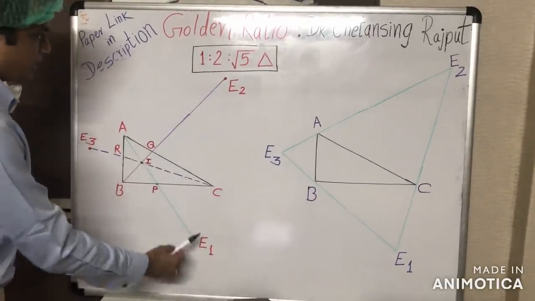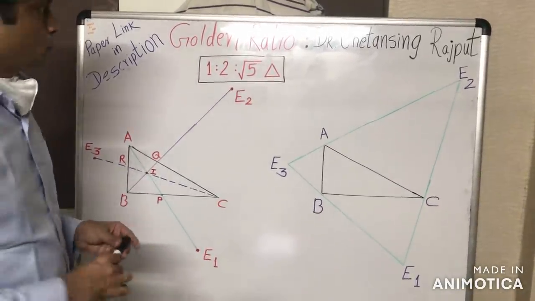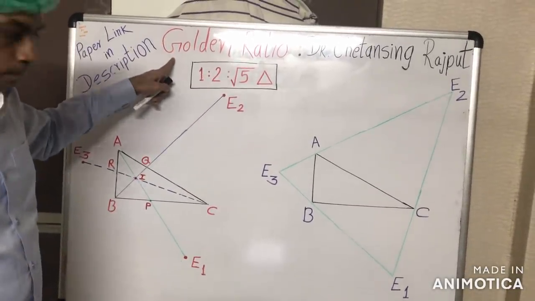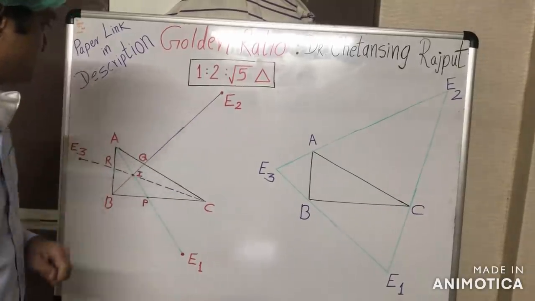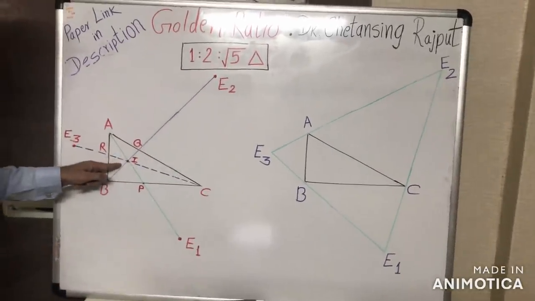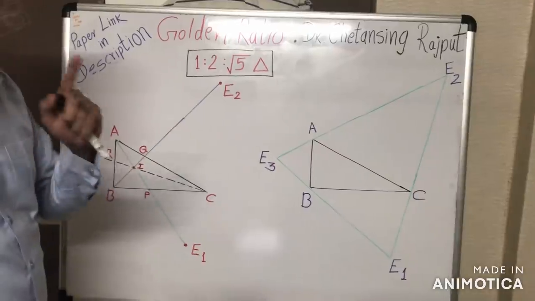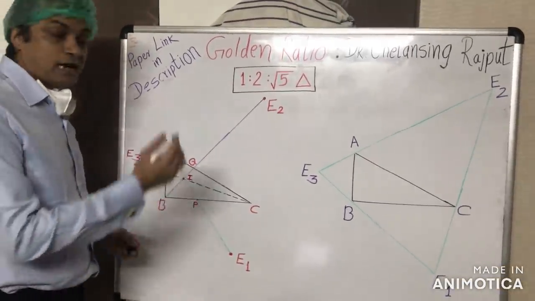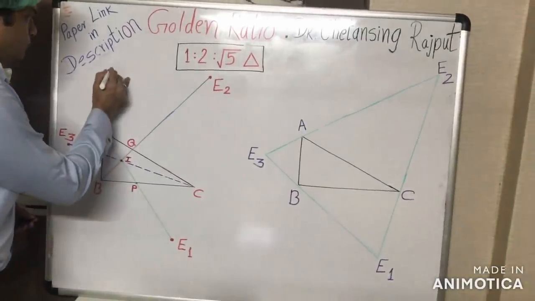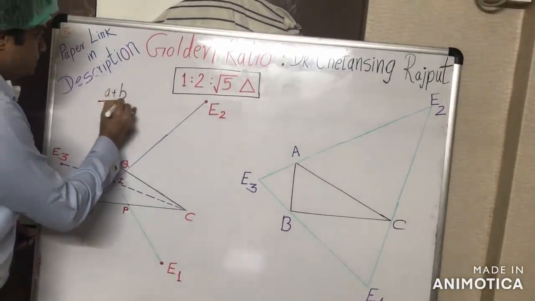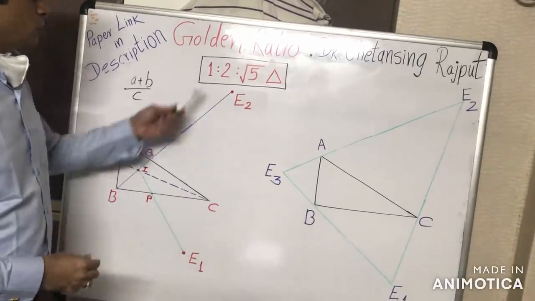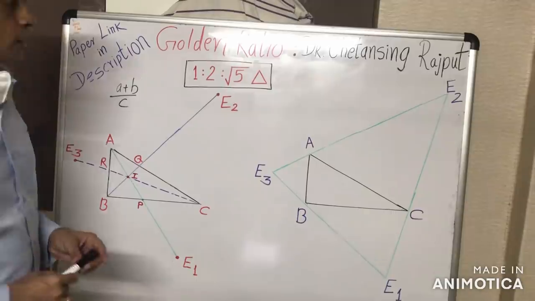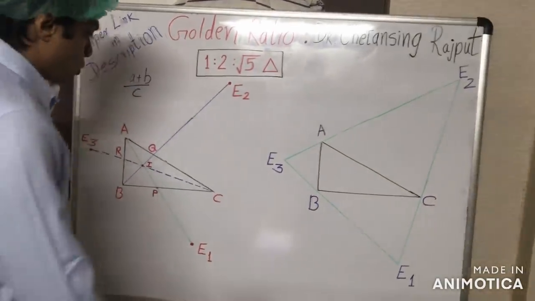And the in-center, ex-center orthocentric system of this 1 to root 5 triangle is full of the golden ratio. And as the in-center and the ex-centers are harmonic conjugates, the internal division as well as the external division, which is in the form of A plus B upon C, are in the case of the 1 to root 5 triangle precisely in the form of the golden ratio.